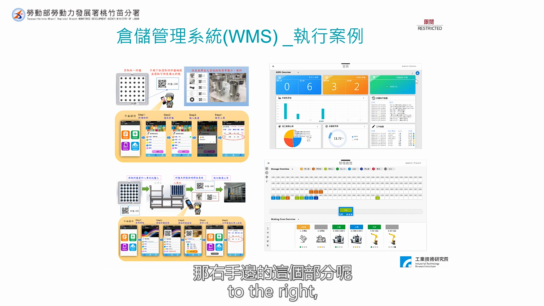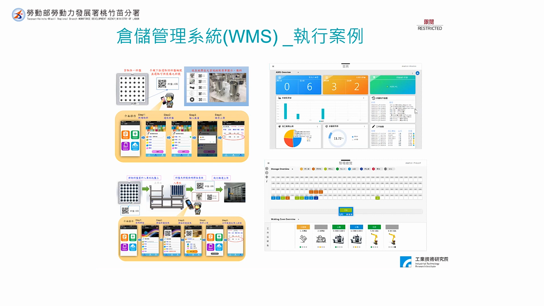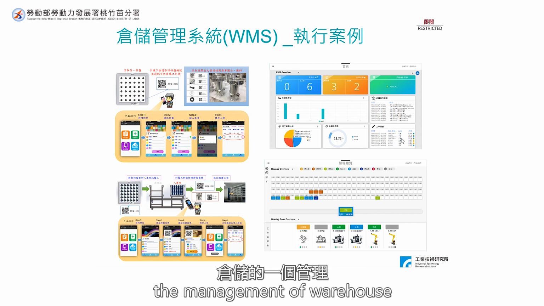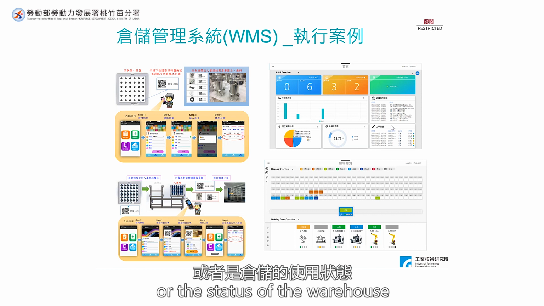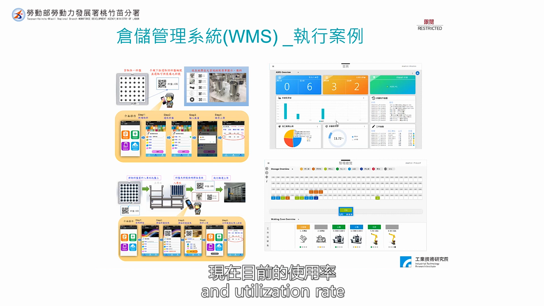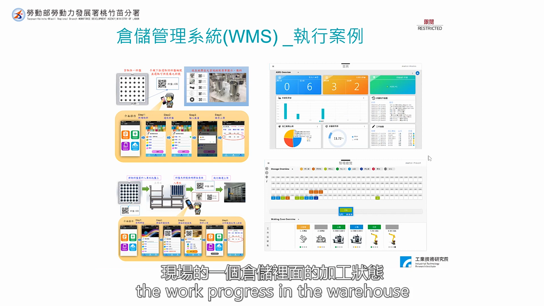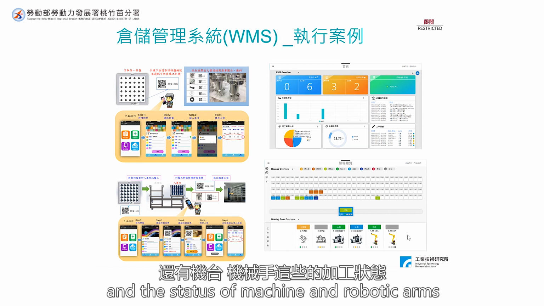To the right, you can see in the WMS interface the management of the warehouse, or the status of the warehouse, and utilization rate. Below, you can see the work progress in the warehouse, and the status of machines and robotic arms.